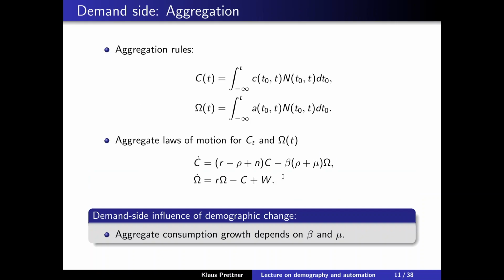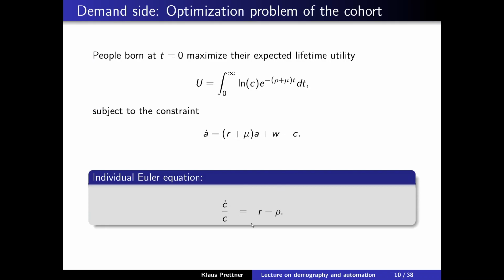However, at the aggregate level, demography exerts a crucial impact on aggregate consumption growth. First, we see that the population growth rate features in the aggregate Euler equation, because if the size of cohorts grows faster, so if there is population growth, if more people enter the economy, you would have faster aggregate consumption growth as compared to individual consumption growth.